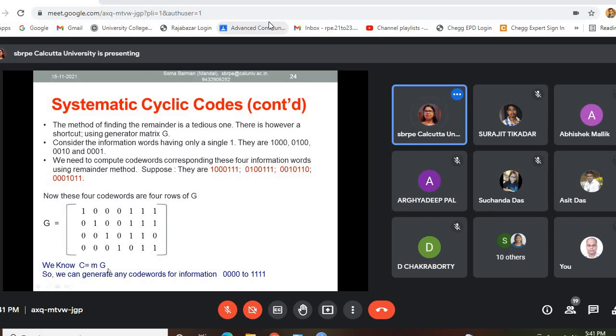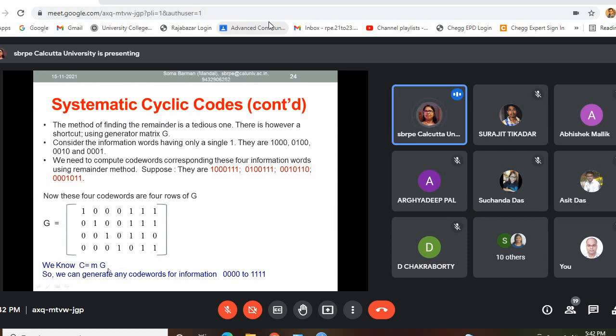So suppose in your exam it is given to find the code word by the systematic way of construction of the cyclic code, for 4 bits.